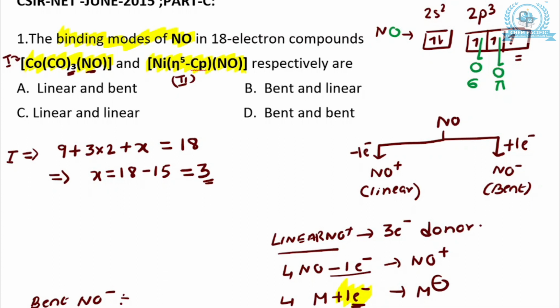So when it is a 3 electron donor, it has to be linear.